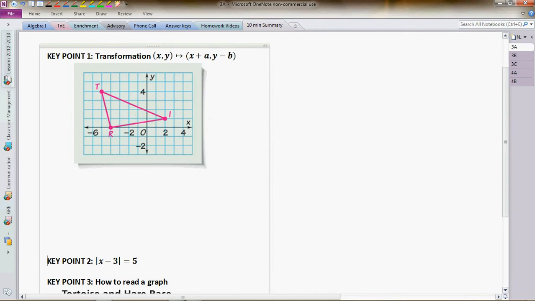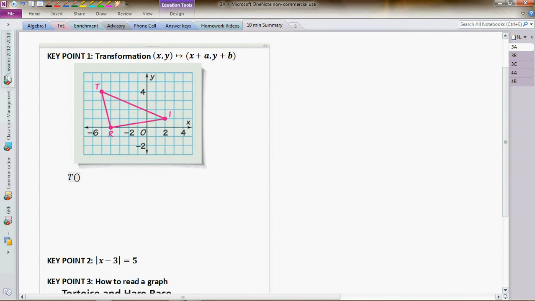So key point one is the transformation: x comma y maps to, if you remember, you read it as maps to, x plus a, comma, y minus b, or y plus b. Let's look at this graph and find the coordinates.